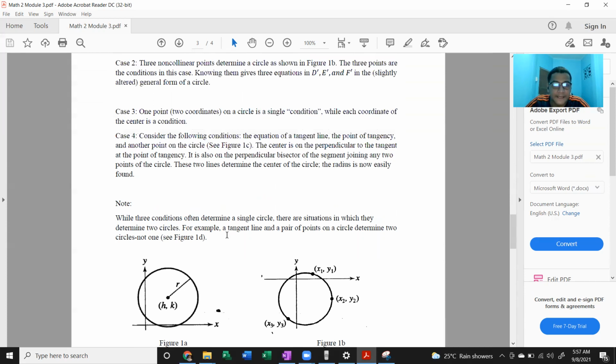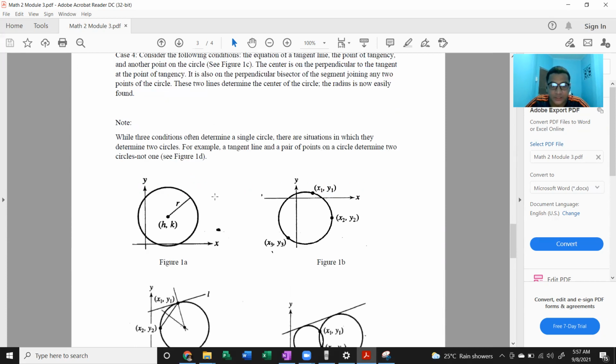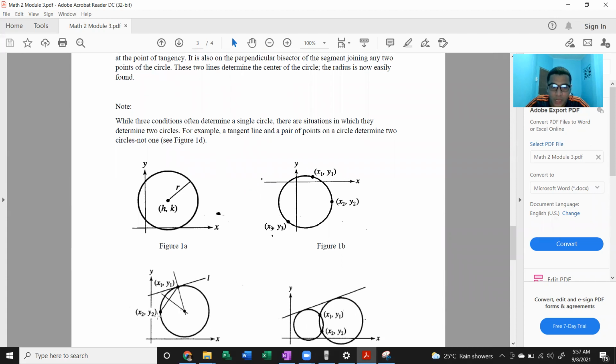Okay. Next, the center is also on the perpendicular bisector of the segment joining any 2 points on the circle. Okay. So suppose we have these 2 points (x1, y1) and (x2, y2), and if we connect these 2 points, we have a line segment that is a chord of the circle.